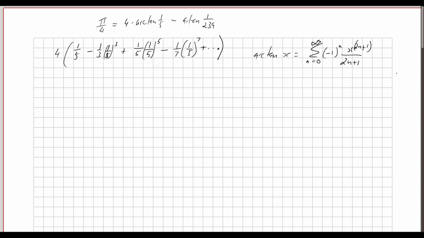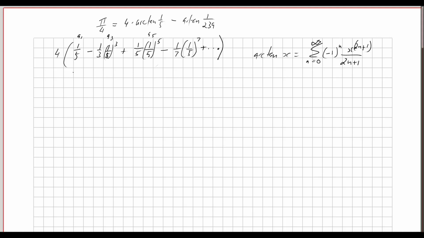Normally we'd say this is the 0th term and this is the first term, but we'll name it in a different convention for ease of computing. So I'll call this A1, A3, A5, A7, and so forth.